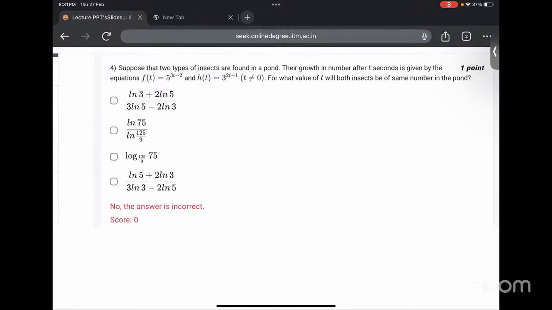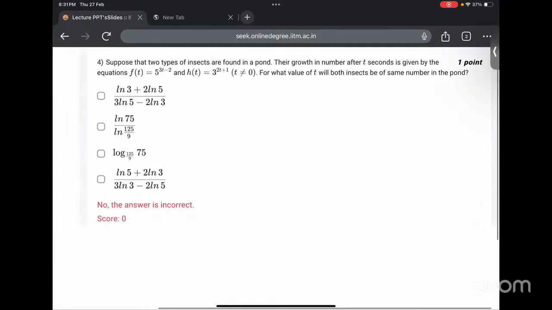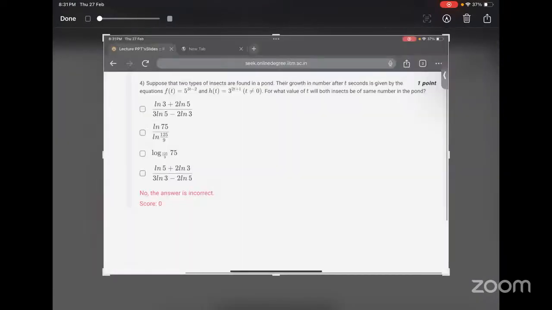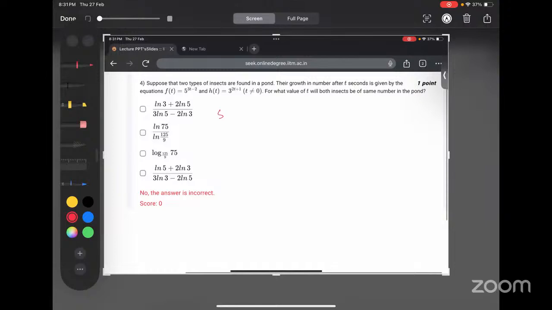If I want to calculate the point of intersection of some functions, then we have to equate them, right? That means 5 power 3t minus 2 will be equal to 3 power 2t plus 1. From here, we have to solve. Take ln on both sides, that means log base e.